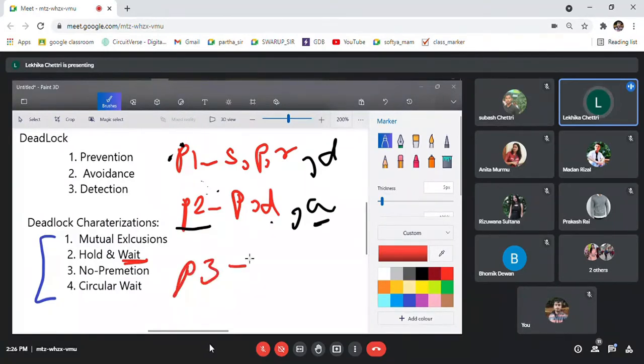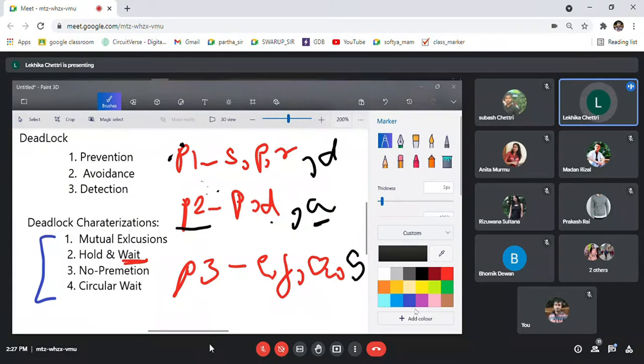Process P3 has the resources, let us say E, F, and it needs resource S to complete, and it also has, let us say, resource A. It needs resource S to complete.